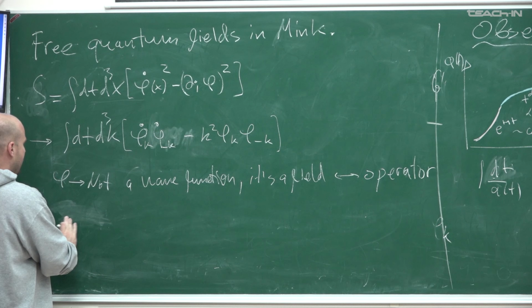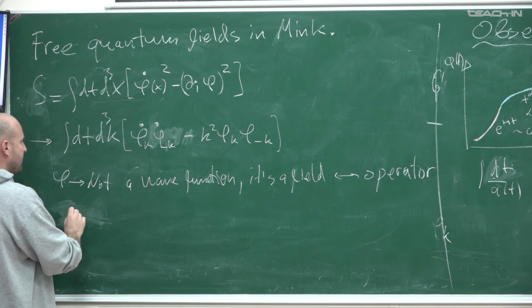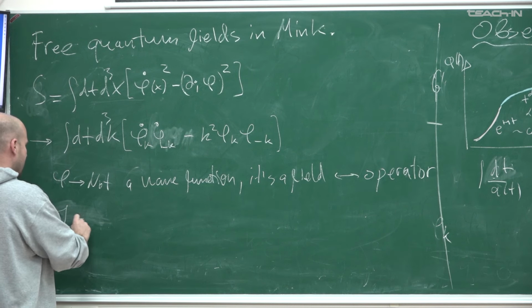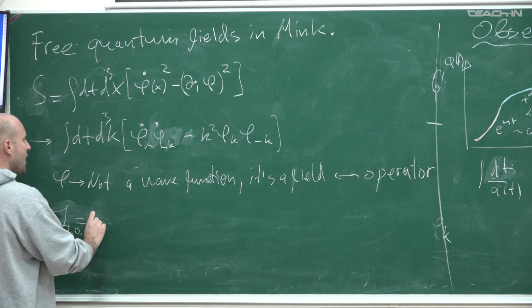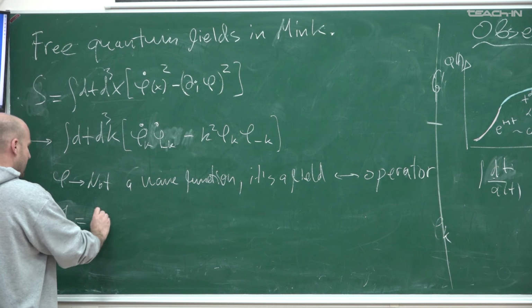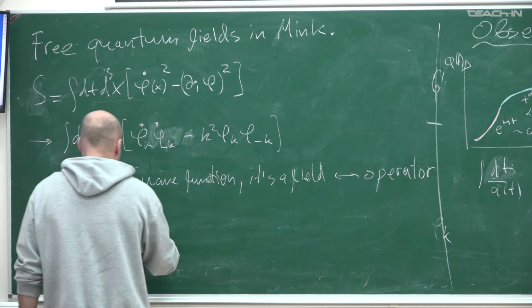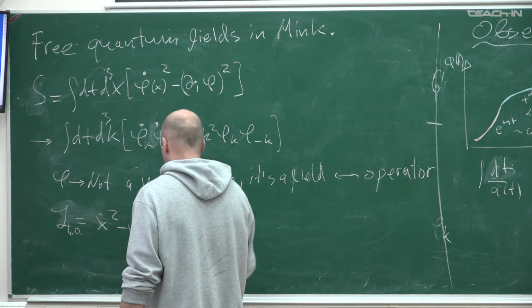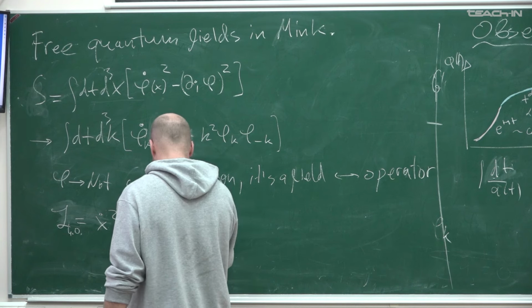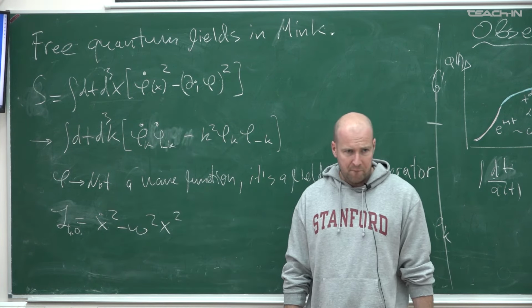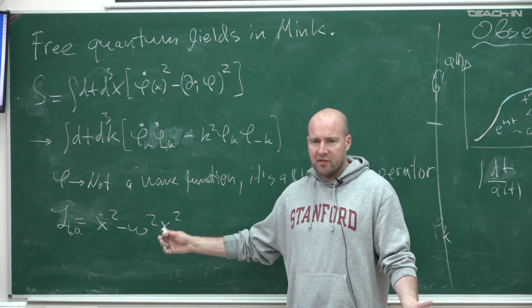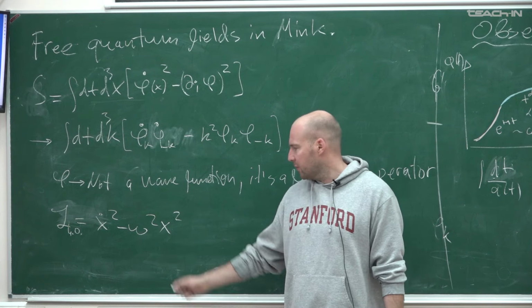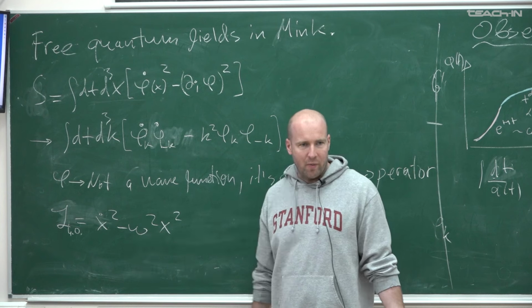So let's remind ourselves of the standard harmonic oscillator. We have a Lagrangian which is x dot squared minus omega squared x squared, correct? That's a harmonic oscillator. I set the mass to 1, whatever. But the frequency is important. Frequency is omega, right?